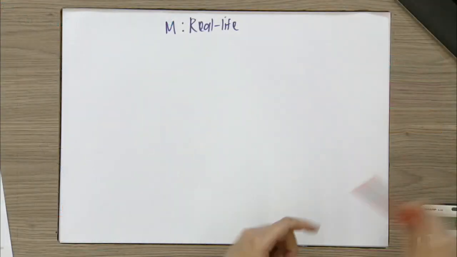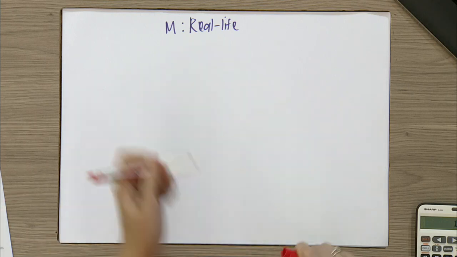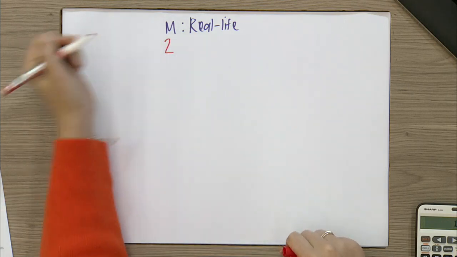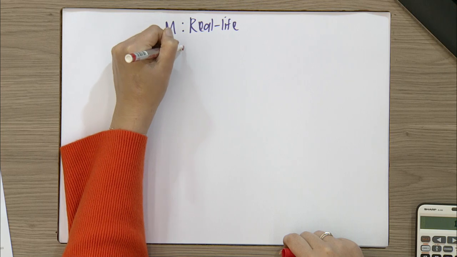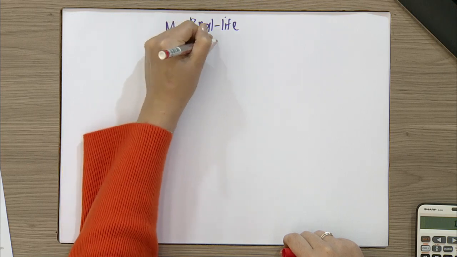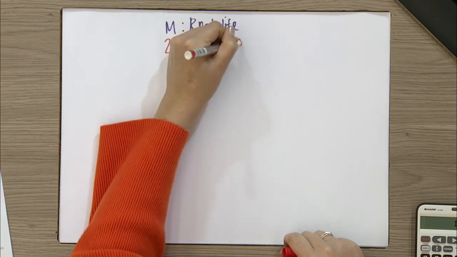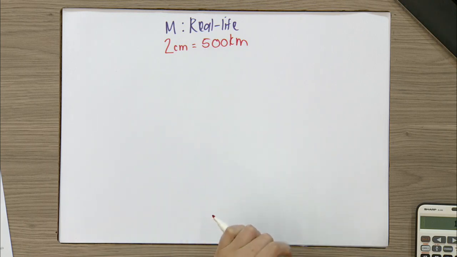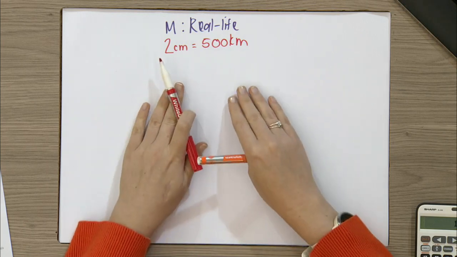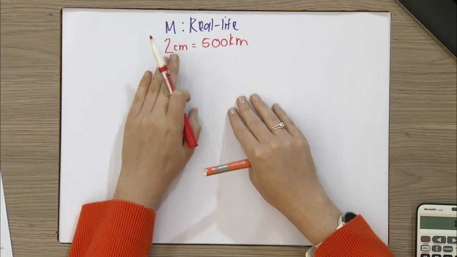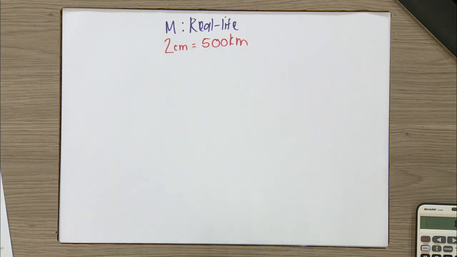So now I can write this in for myself. I know that 2 centimeters on the map represents 500 kilometers in real life. But this is not going to be a unit ratio because it's centimeters and kilometers. So we must make sure we have the same units.